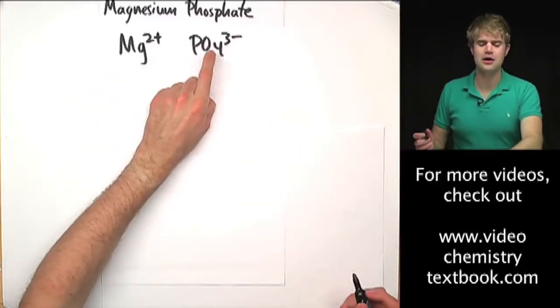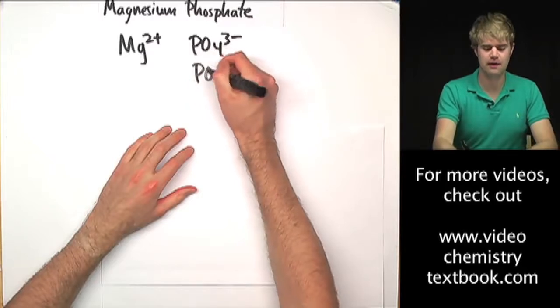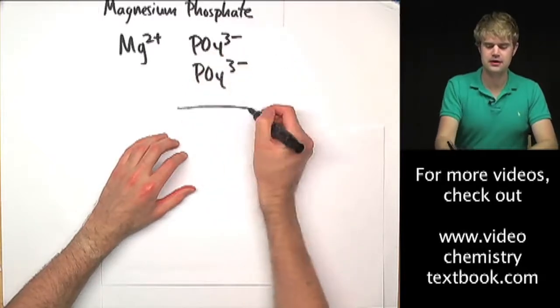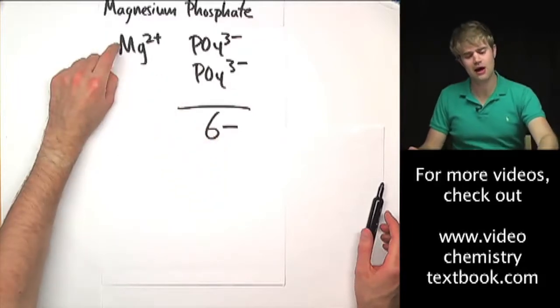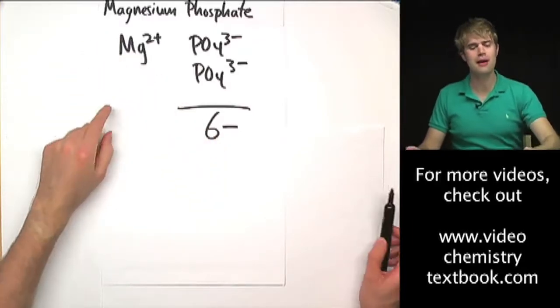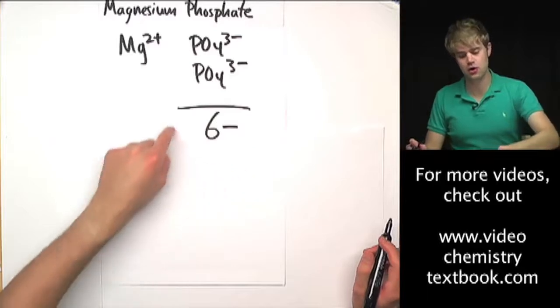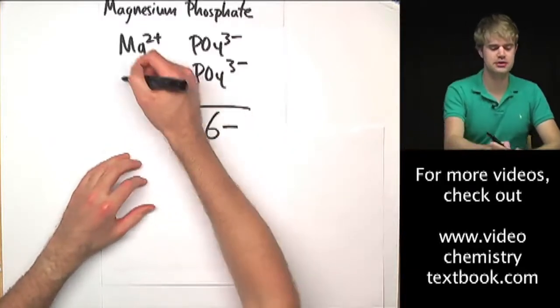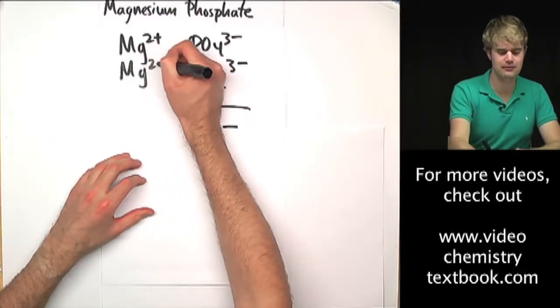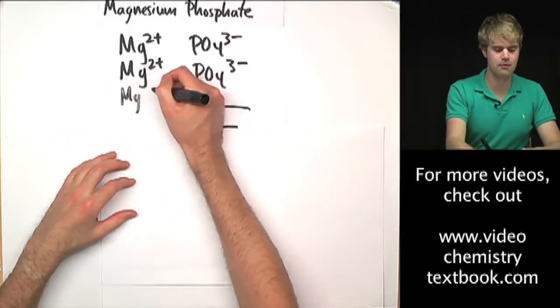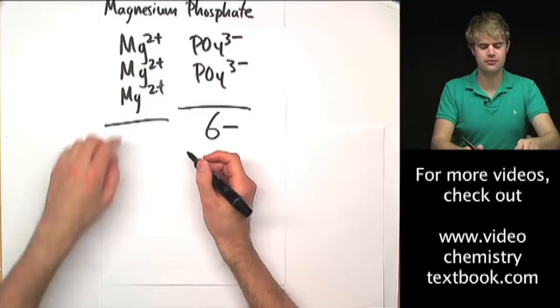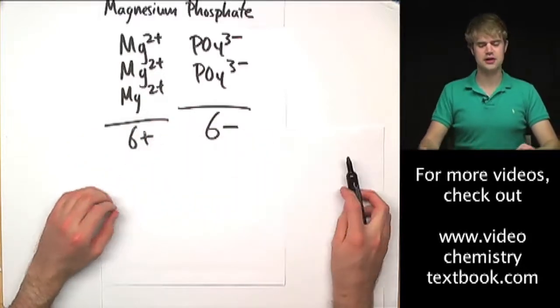I'm going to add another phosphate here to get a total of 6-. And now I can add more magnesiums to get a total of 6+. So I add another Mg, 2+, now I have 4+, and now 1 more, and I have 3 of them, a total of 6+.